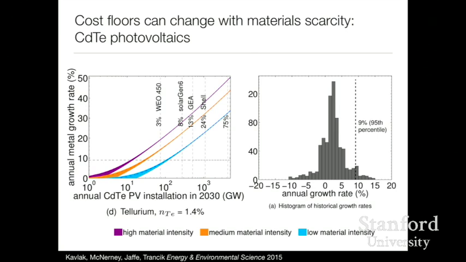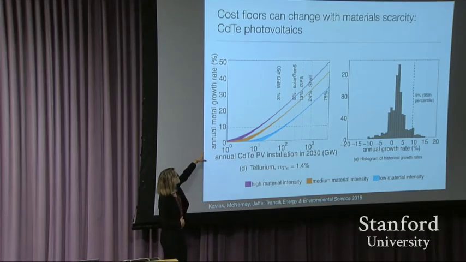To get a sense of this, what we're looking at here are projected levels of cadmium telluride photovoltaics installation in 2030, going from a few percent all the way up to 75%, just to look at a range, and then the annual metal growth rates that would imply.